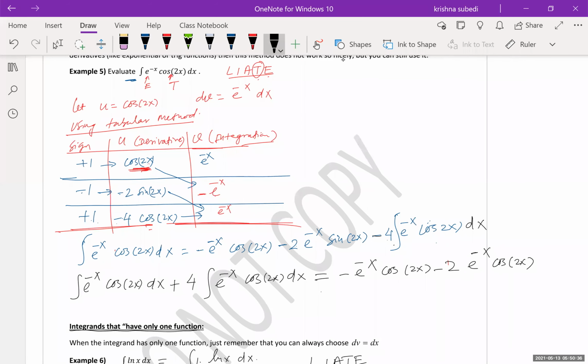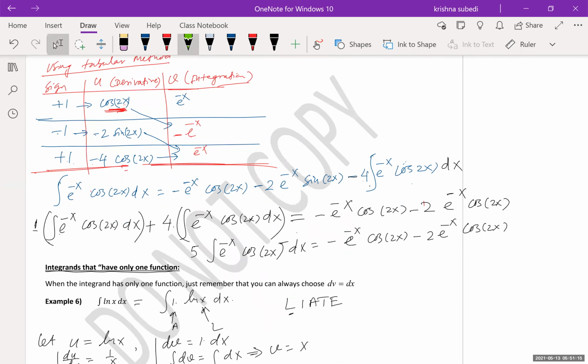Now, you see, they are the same thing. It's like 1 orange plus 4 oranges, because they are like terms, so you can add them up. So you're going to get 5 times the integral of e to the negative x cos 2x dx equals negative e to the negative x cos 2x minus 2e to the negative x sine 2x. You can take the negative common if you like, but you don't have to.